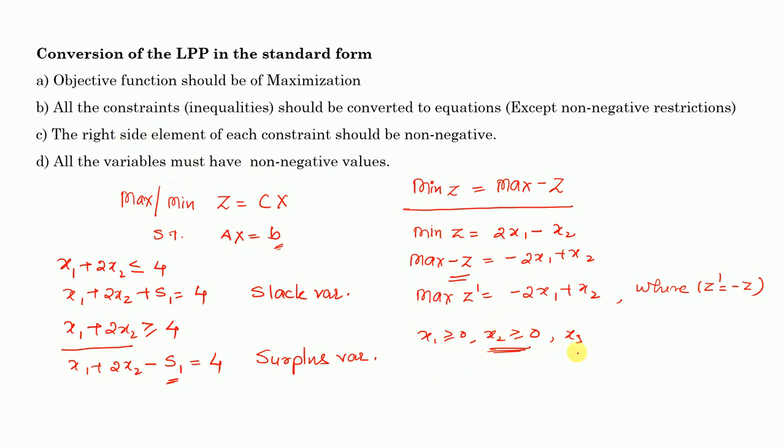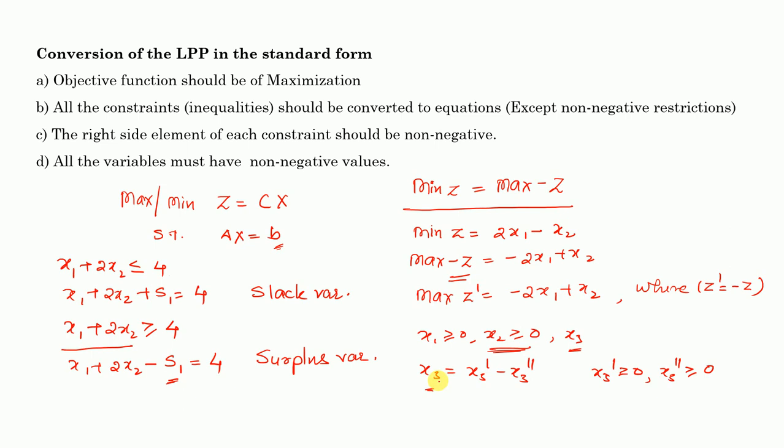Because we do not know whether x3 is positive or negative, we can write x3 equal to x3 dash minus x3 double dash. Here x3 dash is greater than equal to 0 and x3 double dash is greater than equal to 0. Both are positive. But now look at this.